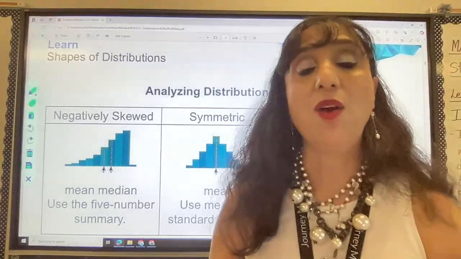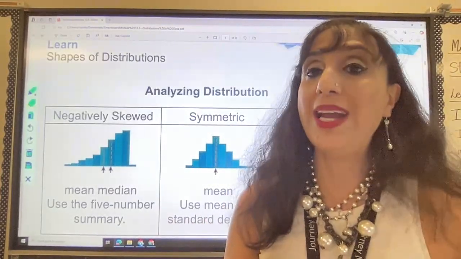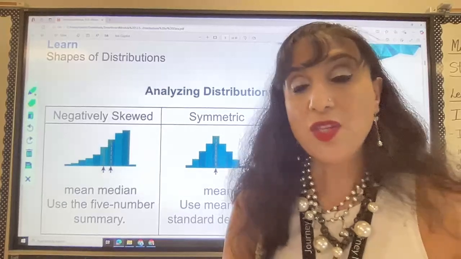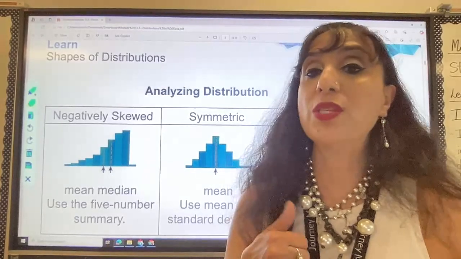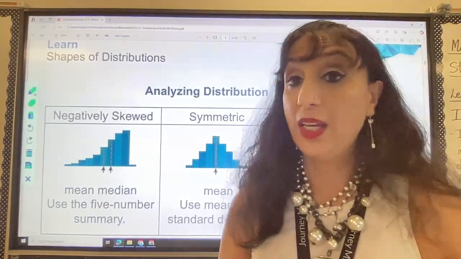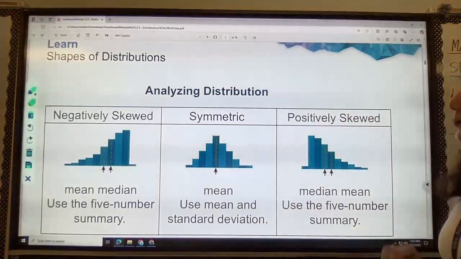All right, now when it's negatively skewed or it's positively skewed, you know that the mean is greatly affected by the outlier. So in that case, I'm going to use the median, and I'm going to use the 5-number system, the interquartile range. Okay, so let's look again over here.